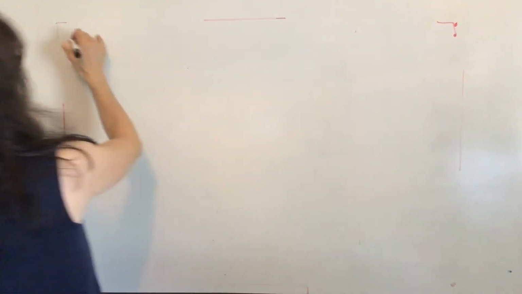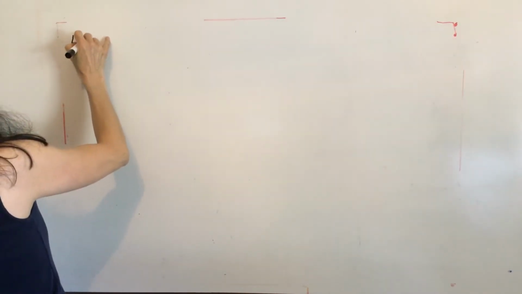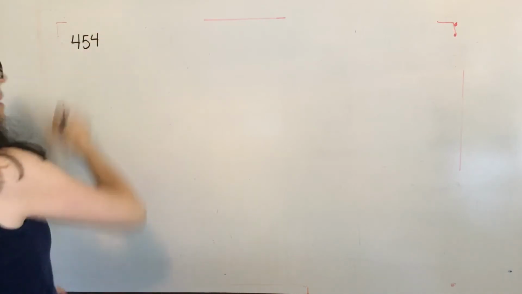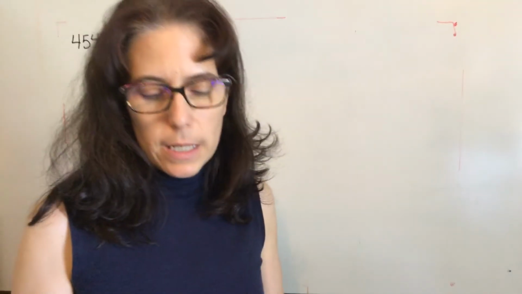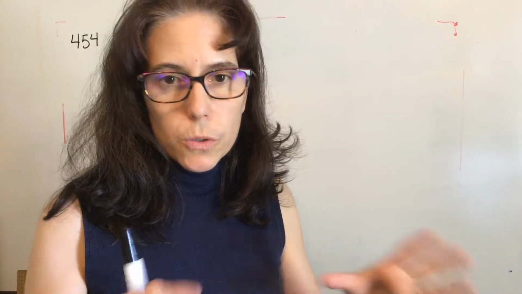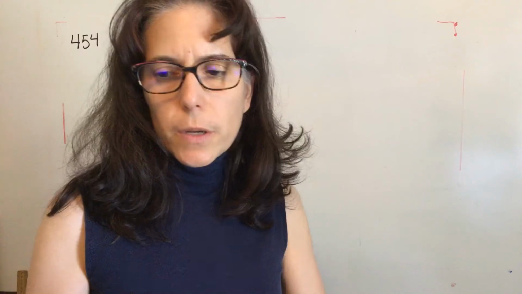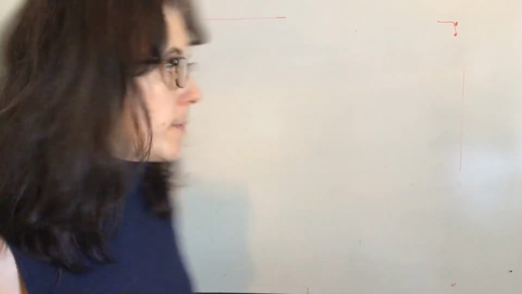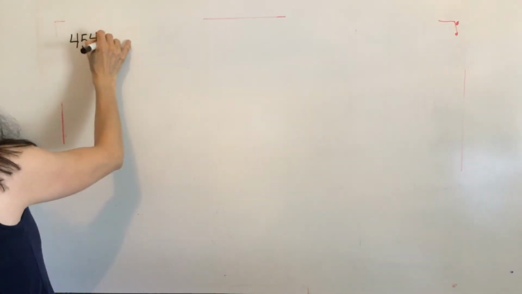We need to write down the number that it's giving us. It's giving us 454. So we write down 454, and then we need to know, is it saying grams, moles, molecules, something in the quantity factor? In this case, it's saying grams. 454 grams.